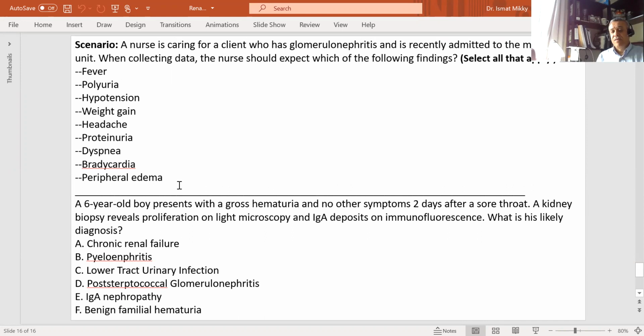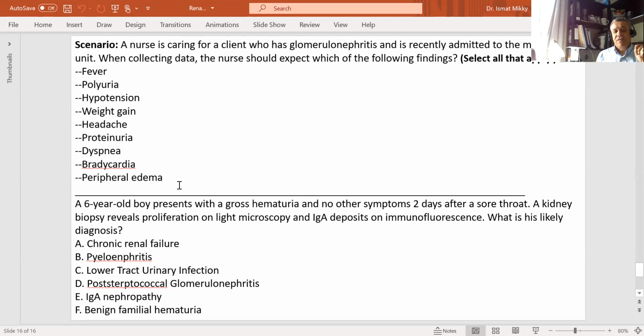The kidney biopsy reveals proliferation on light microscopy and IgA deposits on immunofluorescence. This patient is experiencing IgA nephropathy. This might be a slightly advanced question. I'm not asking students to know what IgA nephropathy is, but just to know that a patient can very easily be misdiagnosed with AGN and treated as if it's AGN.